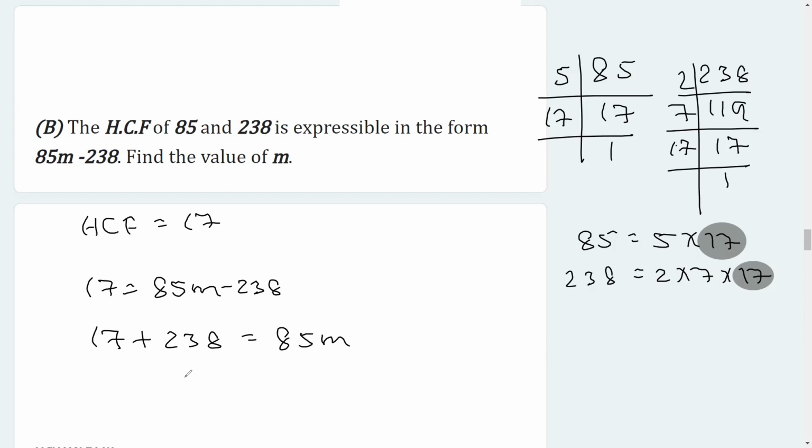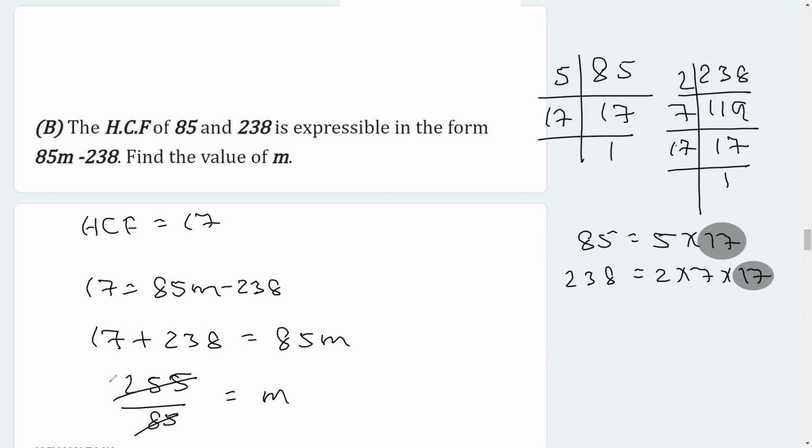Now we add: 17 plus 238 gives 255, and that divided by 85 is equal to m.